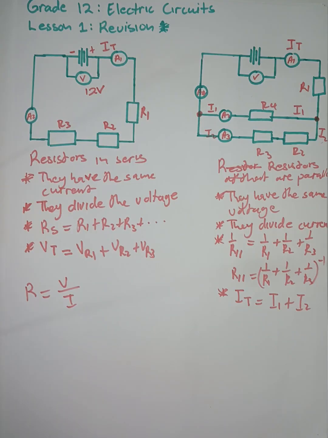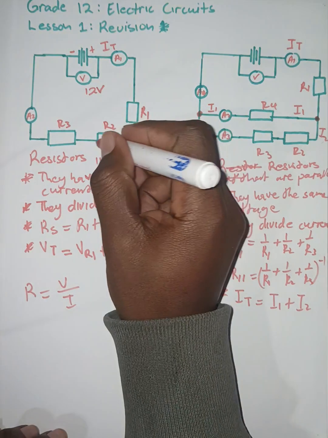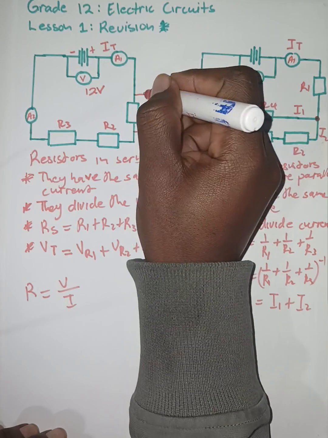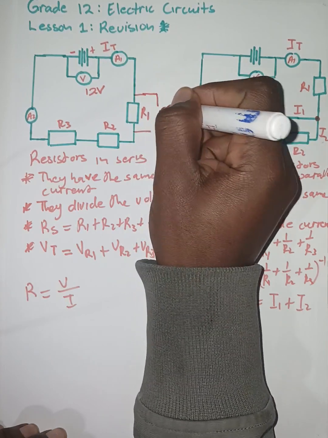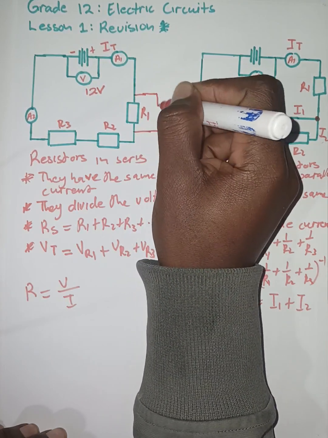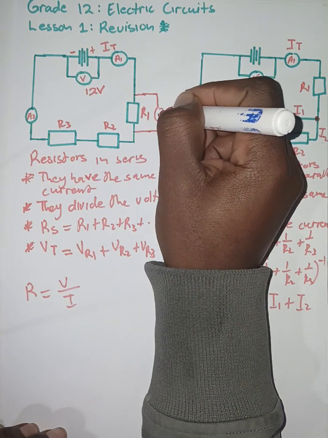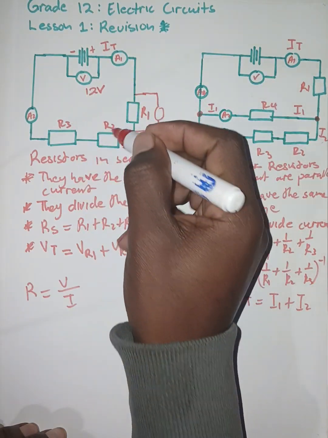Now remember, some of the voltage that is supplied by the battery would be used by R1, and some of it would be used by R2 and R3.